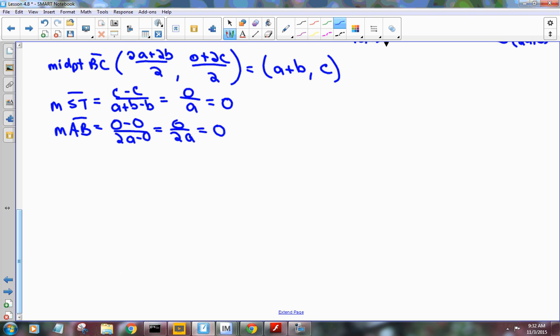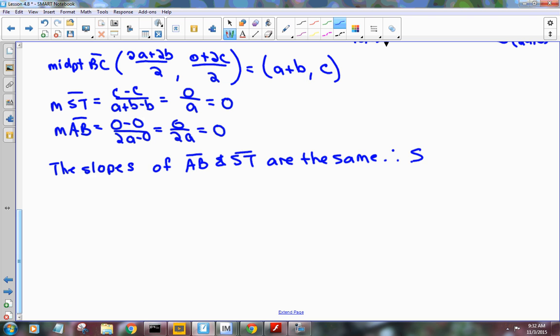So the slopes of AB and ST are the same. Therefore, ST is parallel to AB.